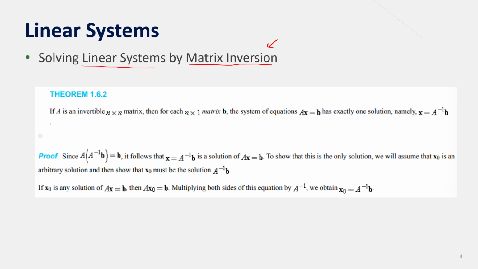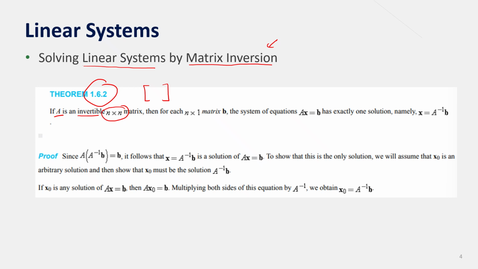And in linear algebra, there is a theorem which mentions that if A is an invertible matrix, an n by n matrix, so it is a square matrix.